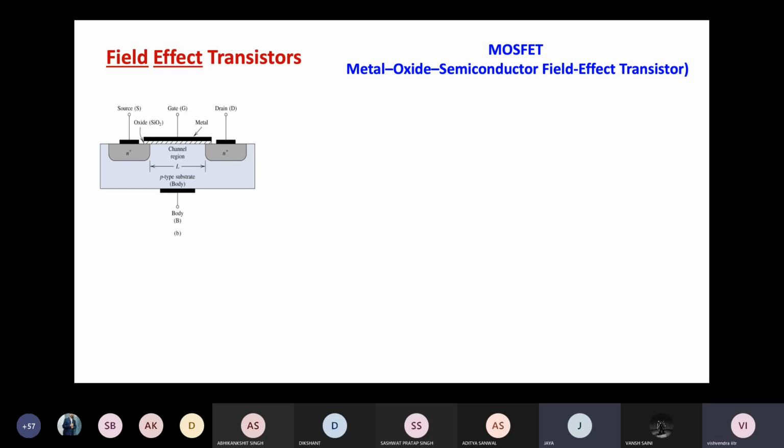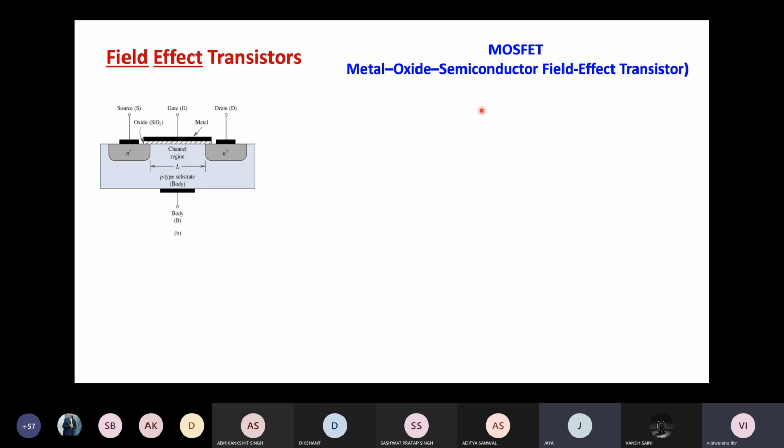I saw another diagram of MOSFET on Google, and that gave me some idea. Yeah, you are right that the field means electric field. So somehow the electric field plays quite a crucial role here, and that's why this name is there, field effect.